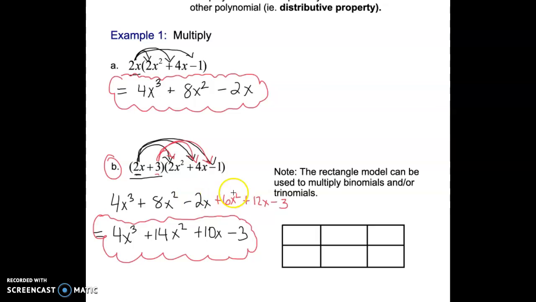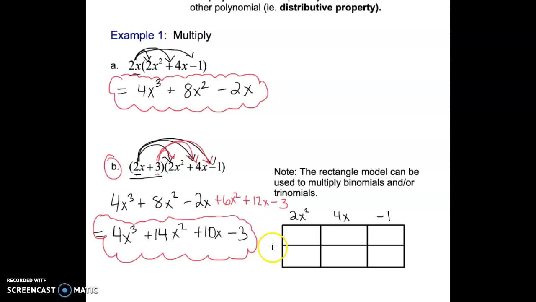If we want to look at the rectangular model, we can use that as well. What you would do is write your trinomial along the top: 2x squared, 4x, and -1.